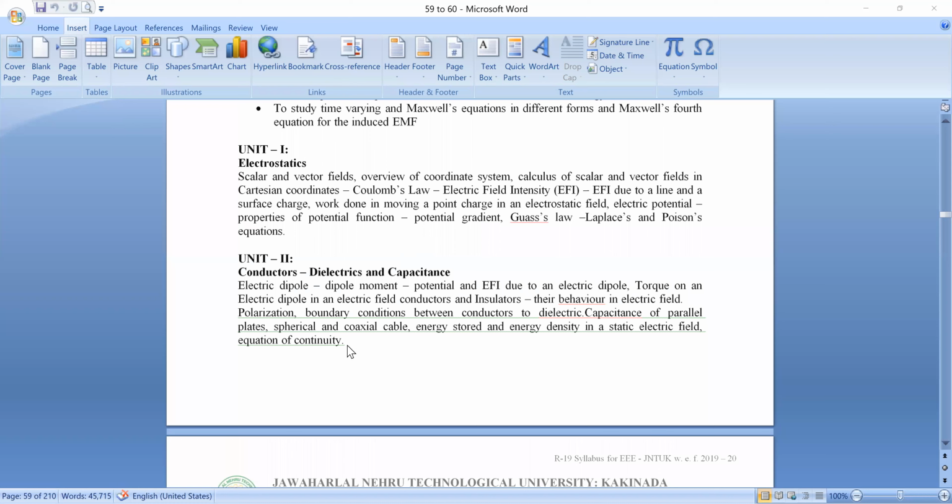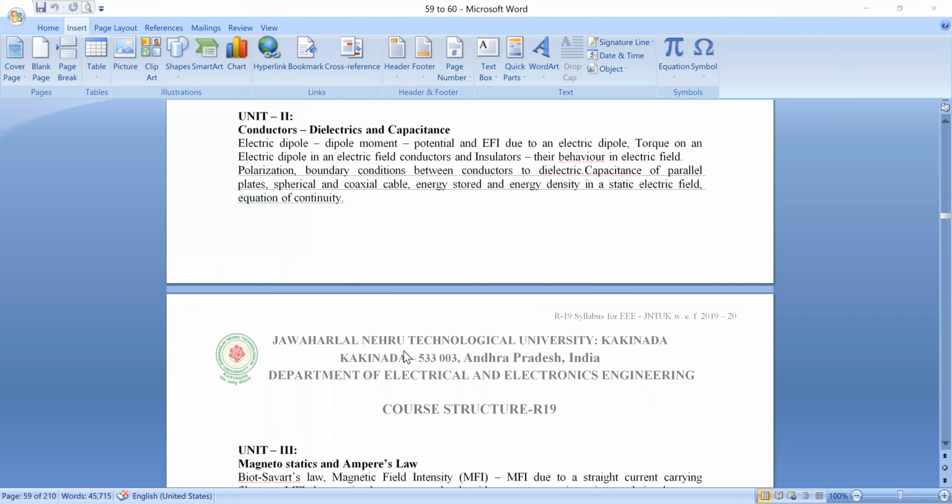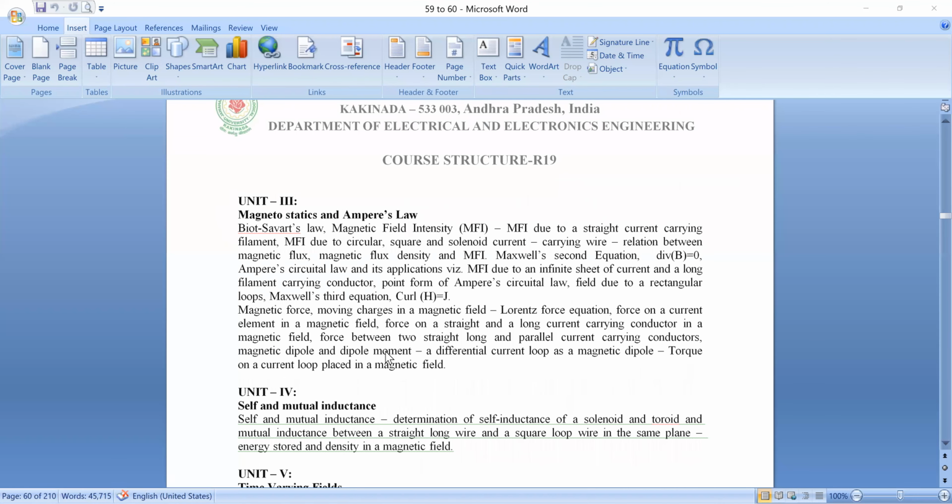In the second chapter, the equation of continuity gives Maxwell's equation, or from Gauss law also we derive the formula of Maxwell's first equation. So in the third chapter, there are two equations we have to discuss.